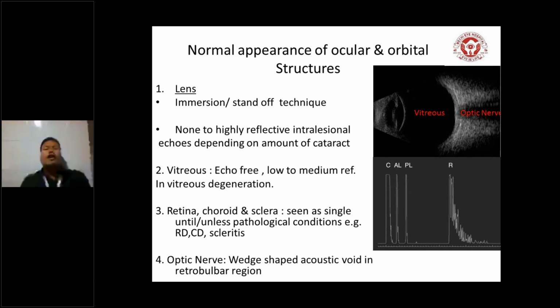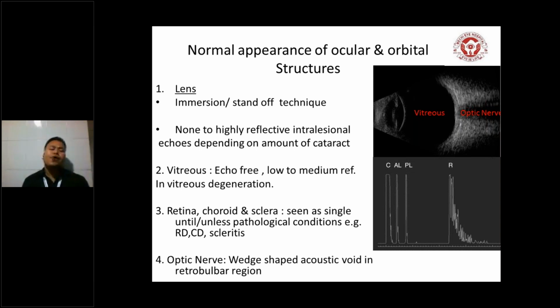So the crystalline lens, if it is clear, then there is no echo. A clear lens is echo-free, and it has intralesional echoes depending upon the cataract.